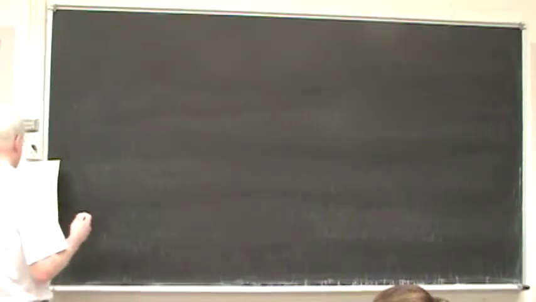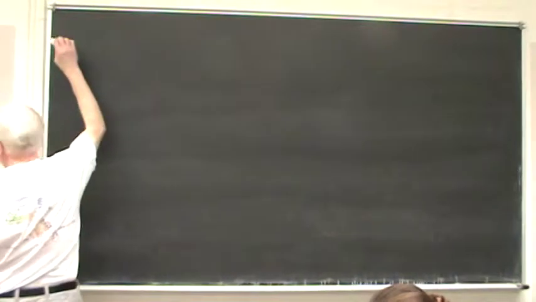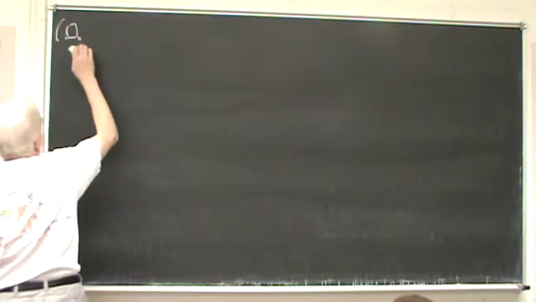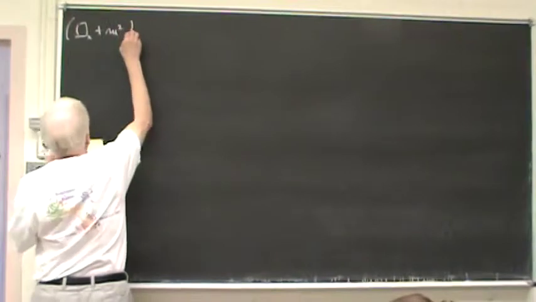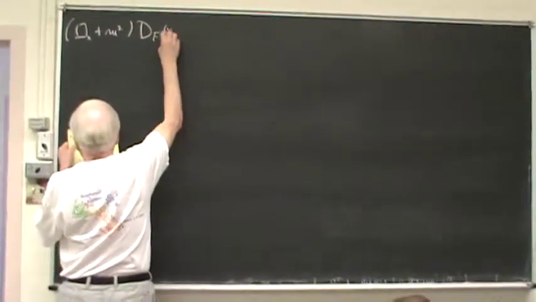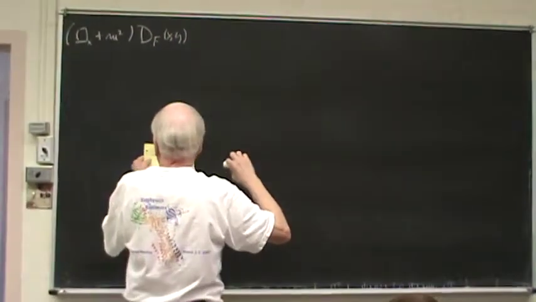Okay, let me just mention something about the Dirac, what do you call it, Dirac propagator. If we have box sub x, where sub x means we're differentiating with respect to variable x, box plus m squared on the Feynman propagator, let us say x and y. I could have said x1, x2.